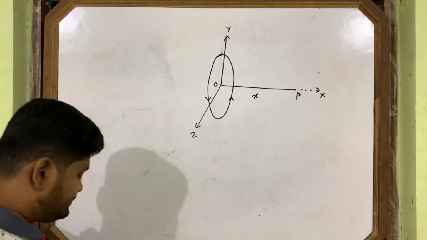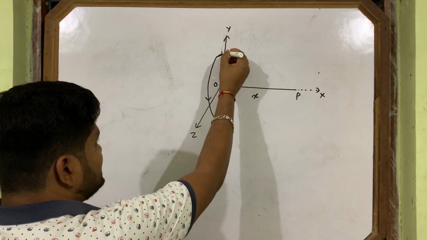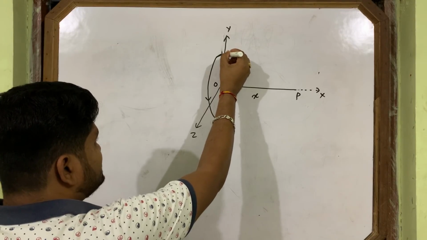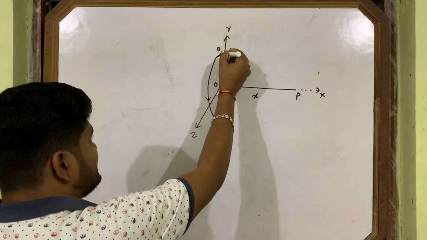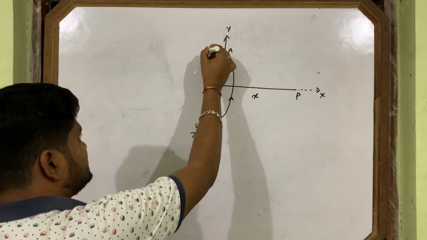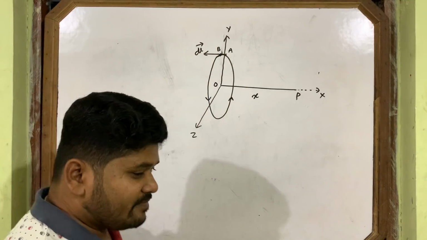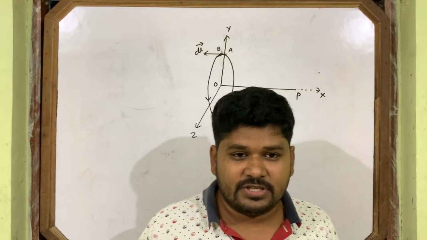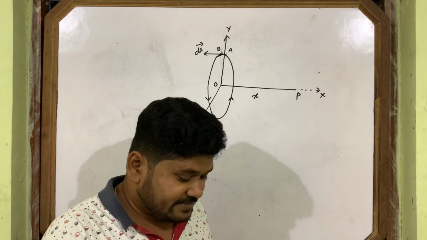Now let's see. When current is passing like this, consider a small element here. Suppose this small element AB I choose. Here current is passing this way. This is the small element, dl vector. Practically I am showing you because it is in 3D.